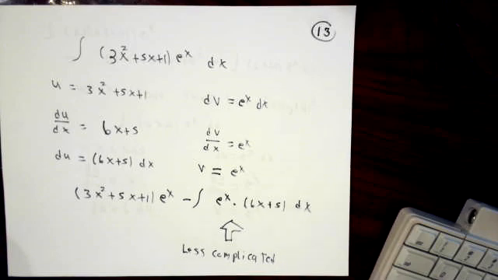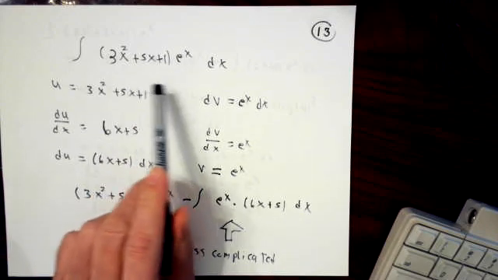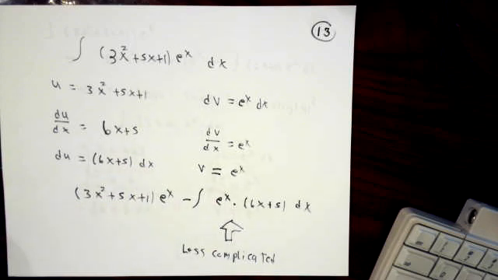Two things about that one. Firstly, I don't know how to do that integral. But secondly, it is simpler than the original. The original had a quadratic polynomial multiplying the e to the x, and this one has only a linear one. So it's gotten better, but I don't yet know exactly what I ought to do about this.